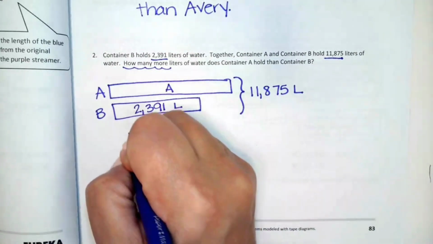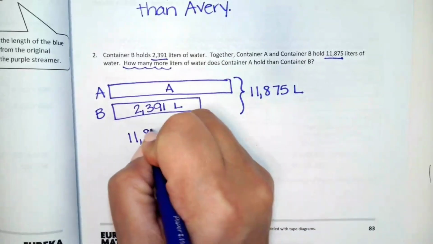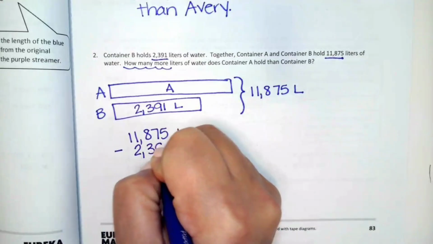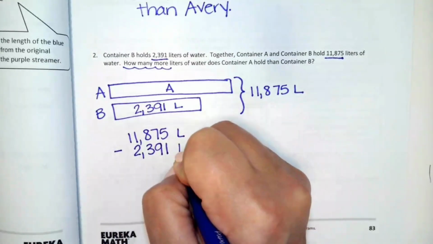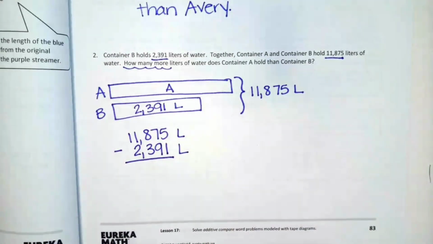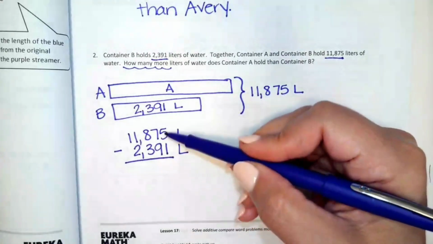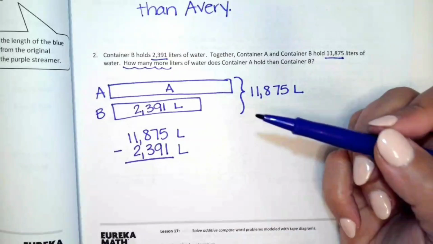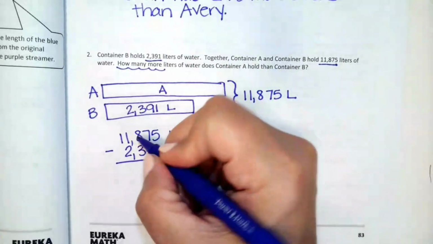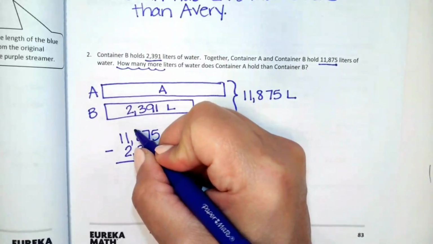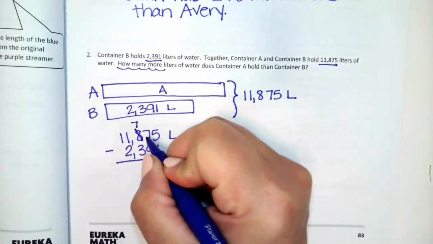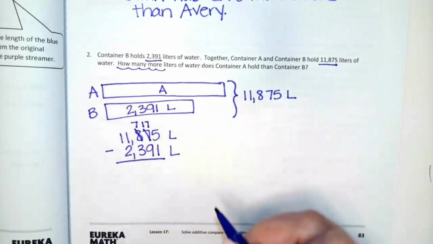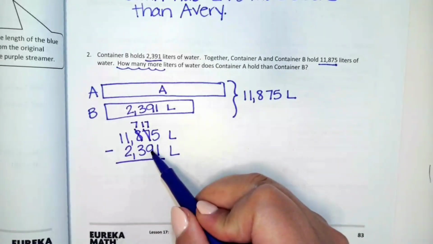So 11,875 liters minus 2,391 liters. Is 5 minus 1 ready? Yes. Is 7 minus 9 ready to subtract? No. Go over here. Decompose, cross off the 8, make it a 7. Give 10 to the 7 and the 10, so now it's 17. 17 minus 9 is ready.